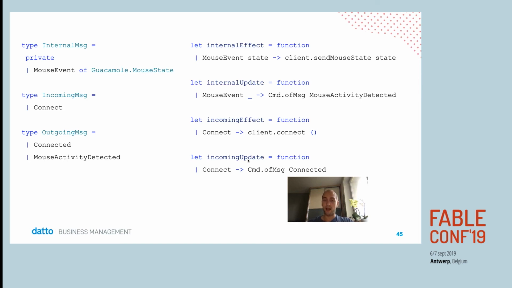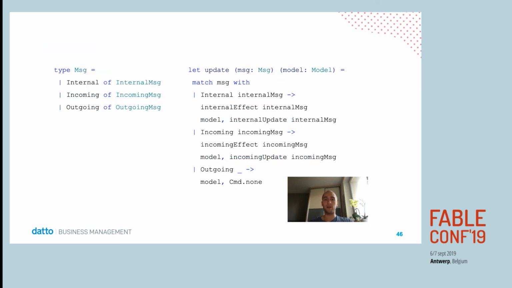So I can create a message based on the incoming message, and in this case, it will be the connected message. Both connected and mouse activity detected messages are meant to be consumed by a different component, so I put them in the outgoing message discriminated union. And I don't really need corresponding functions for those because I can pretty much ignore them in my component.